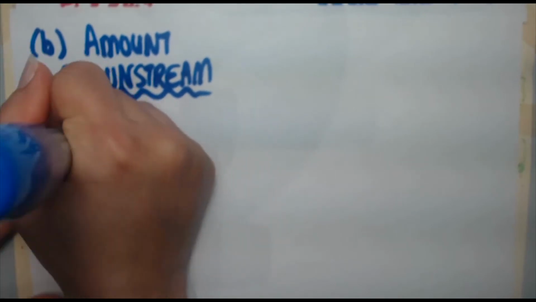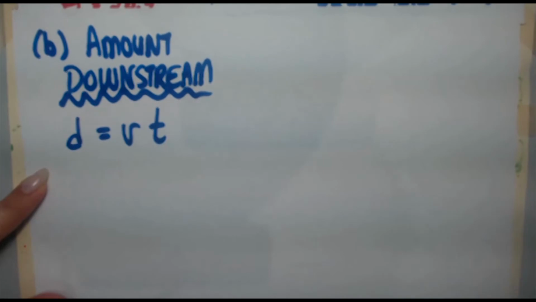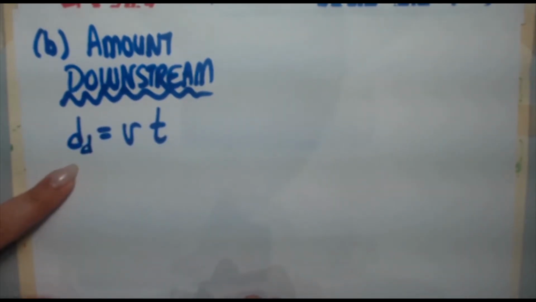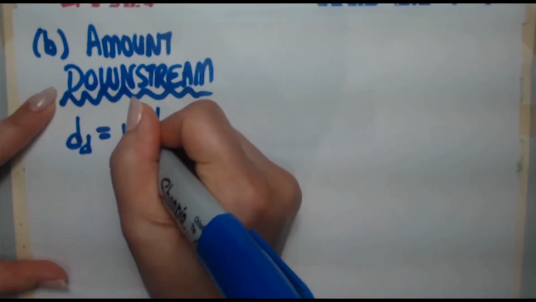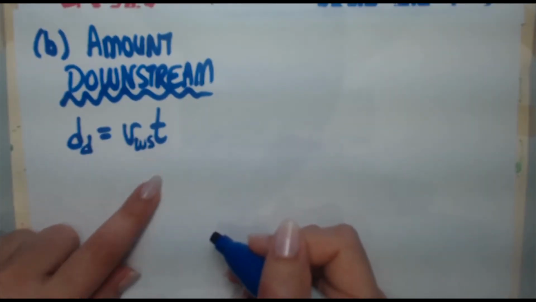So distance is equal to speed times time. The distance is going to be the distance downstream, so I'll just call it d sub d. The speed, well, why are you ending up downstream in the first place? You go downstream because of the current, right? And based on the problem, we define the current to be the water relative to the shore. So the V here is going to be VWS.